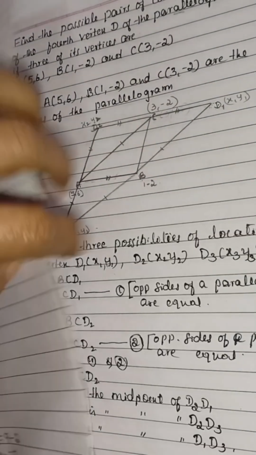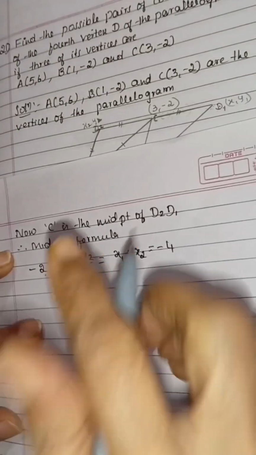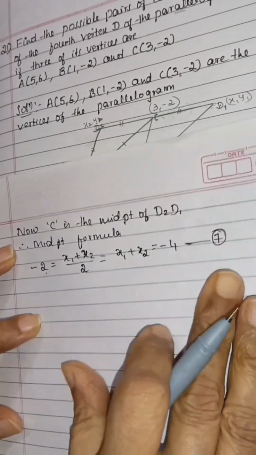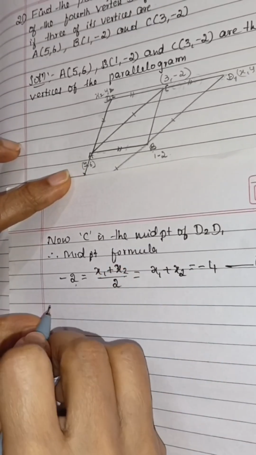This is equation number 7. Now similarly, A is the midpoint.